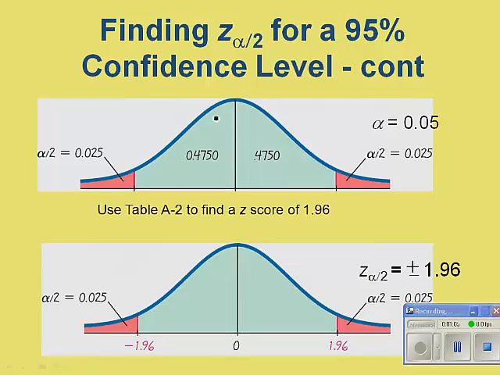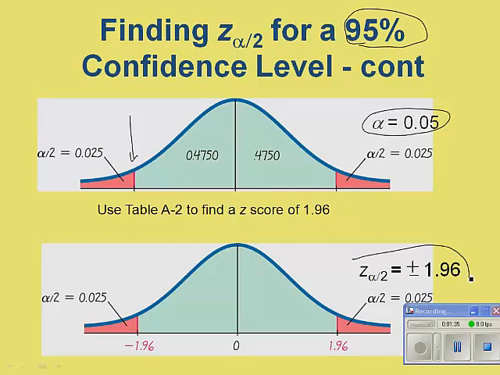Yeah, so 95% is what we want, so alpha is 0.05. Now, their suggestion is take the 95, add on the 0.025, and then split it up. I think it's easier to look at this one, because then you can go right to the table or right to the calculator. Find the negative one first, and then you know that this one will be the same but positive. So yeah, the Z alpha over 2 is plus or minus 1.96.